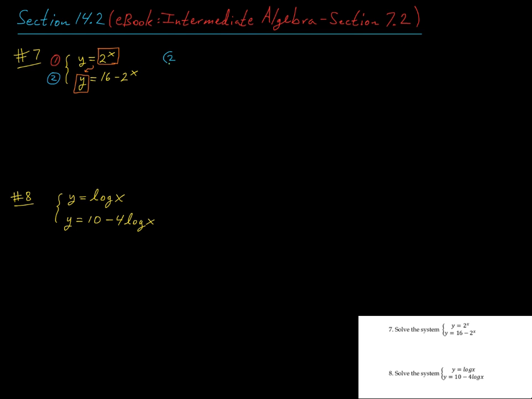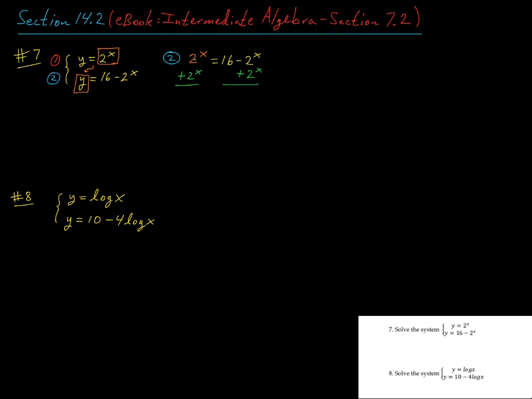So equation 2 then can be written as 2 to the x is equal to 16 minus 2 to the x. All right, and so now I'm going to go ahead and solve for 2 to the x. So let's isolate 2 to the x. I'm going to move this 2 to the x over by adding 2 to the x to both sides.